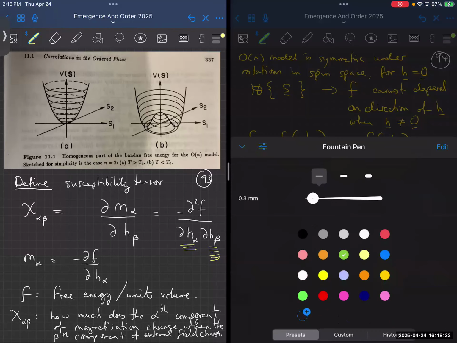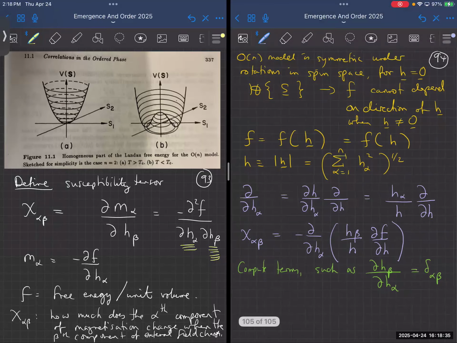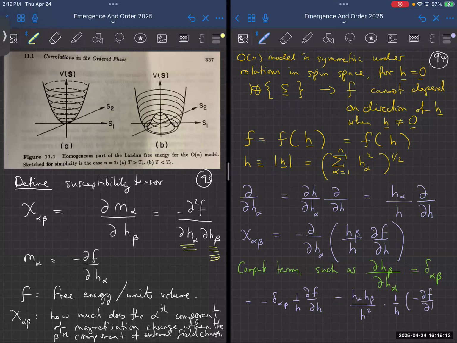So now let's go back and compute this derivative over here. So what we're going to get is the following. I'm going to write out all the terms for you and then I'll put them all together. So I'm going to get minus delta alpha beta 1 over h df by dh. So that's the d by dh alpha acting on h beta. And then I have another term, which is h alpha h beta over h squared times 1 over h minus df by dh.